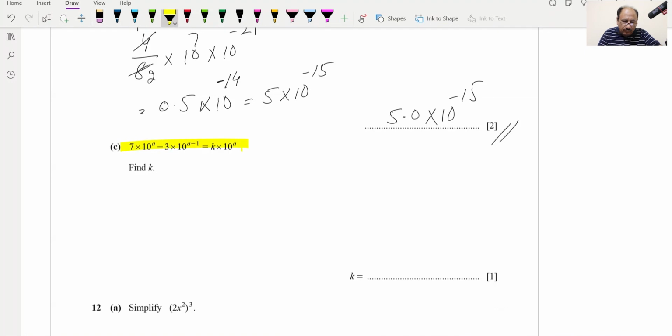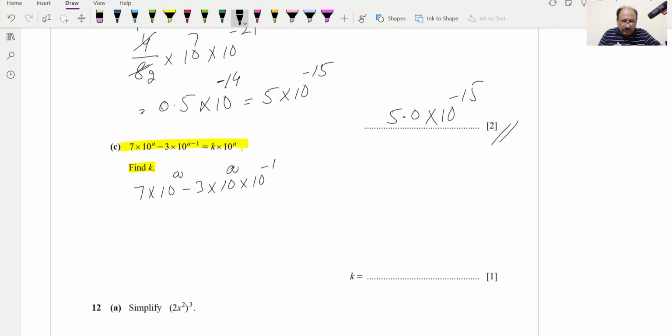We have to find the value of k, so we can rewrite it as 7 into 10 raised to the power a minus 3 into 10 raised to power, we can separately write a and 10 raised to power minus 1.